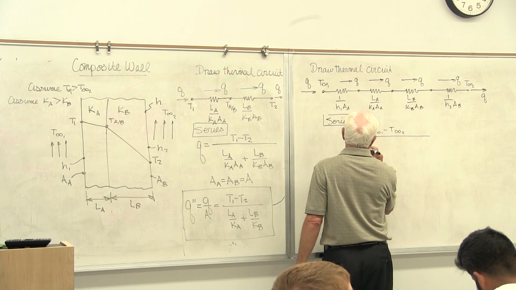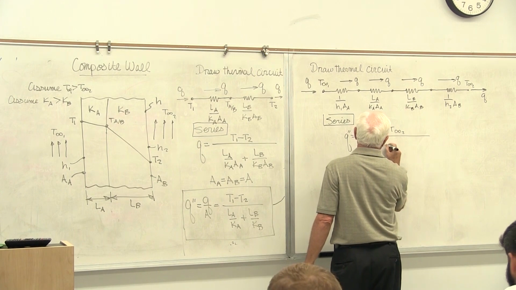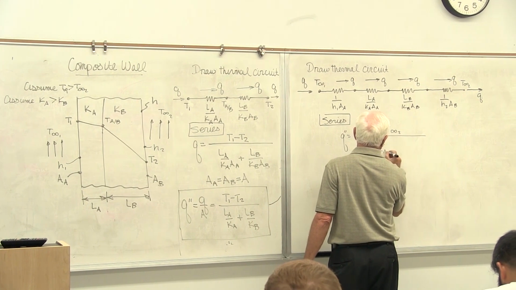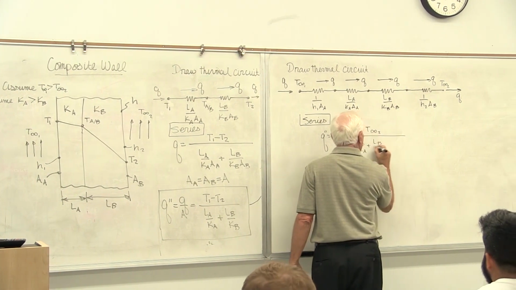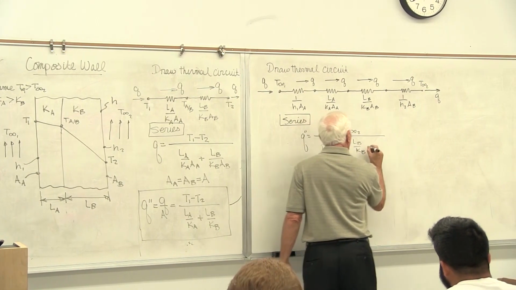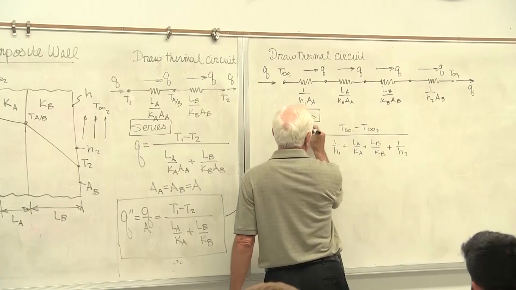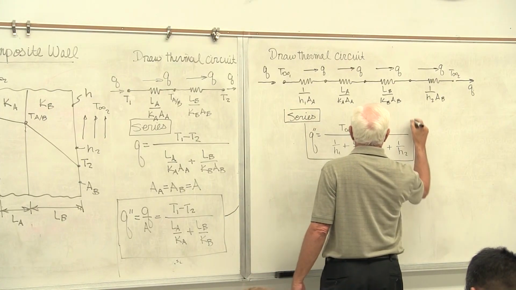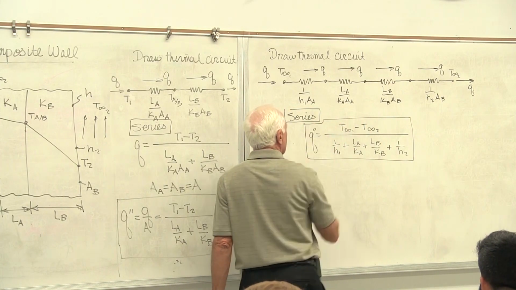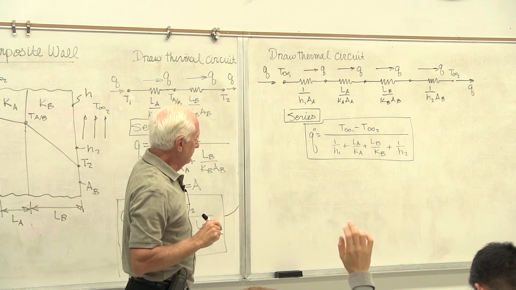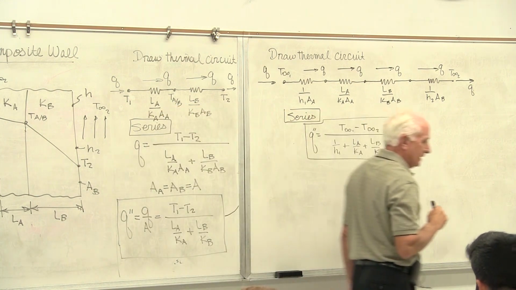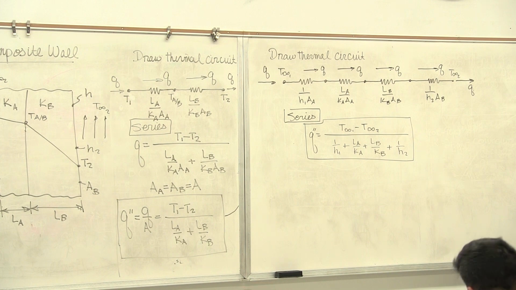Okay, 1 over H1 plus LA over KA plus LB over KB plus 1 over H2. So for this problem, there is the heat flow. Heat flux, watts per square meter.